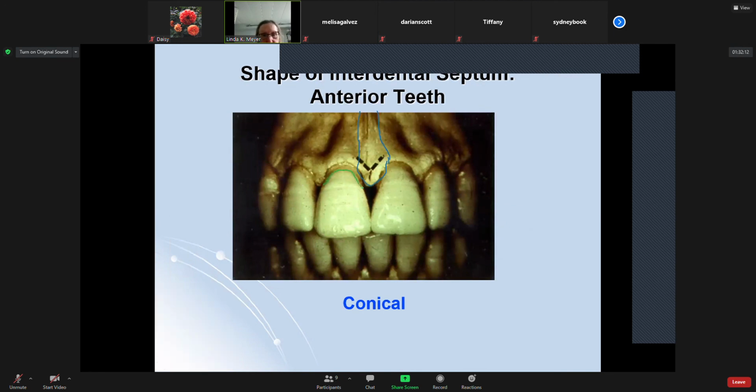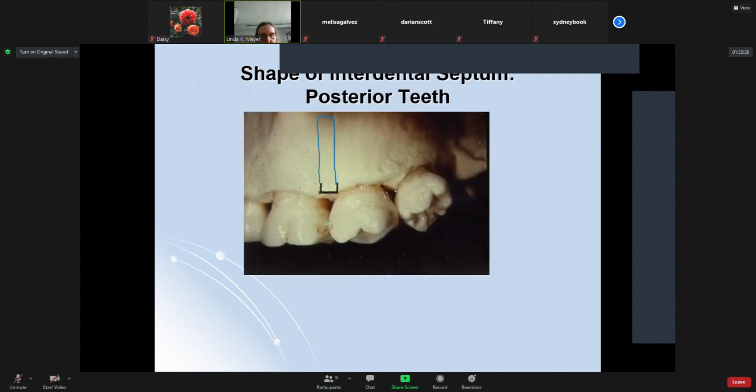it comes up more coronally, and the bone follows that, just like the gingiva does, the free gingival margin, which isn't shown here. And then if I look at the posterior, the CEJ is straighter.